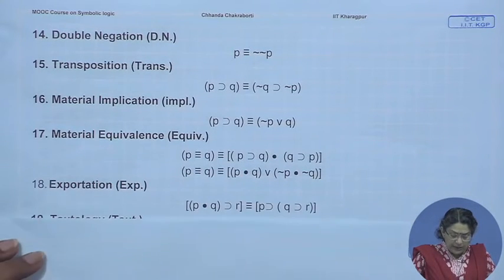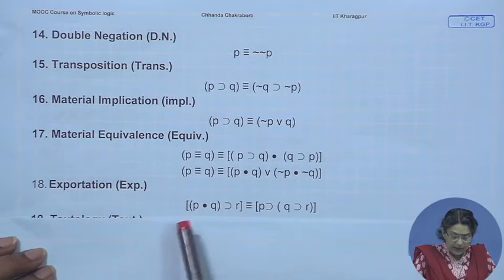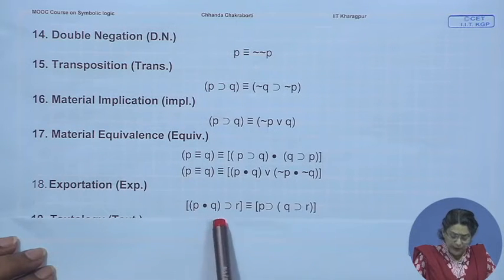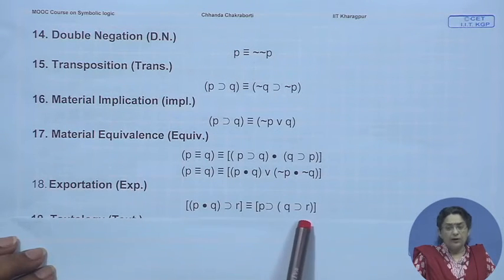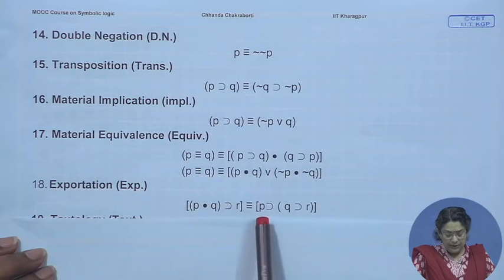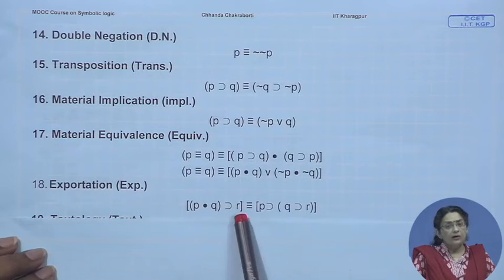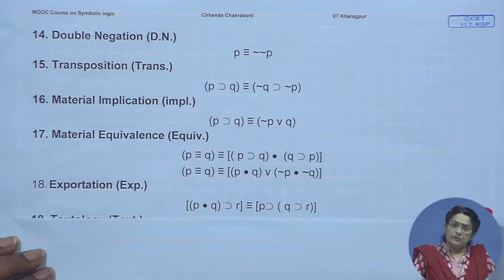And then comes exportation, just like exporting it out, you know. So, here is what you are saying: if both P and Q then R, then it follows that if P then if Q then R. Or you come the other way, if P then if Q then R, which means that if P and Q then R. So, these are interchangeable or replaceable by each other, and the name of the rule is exportation.